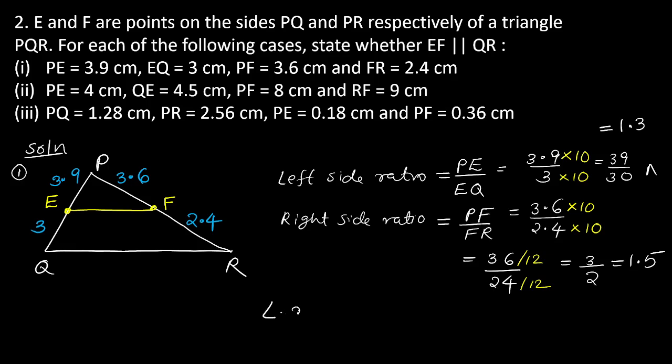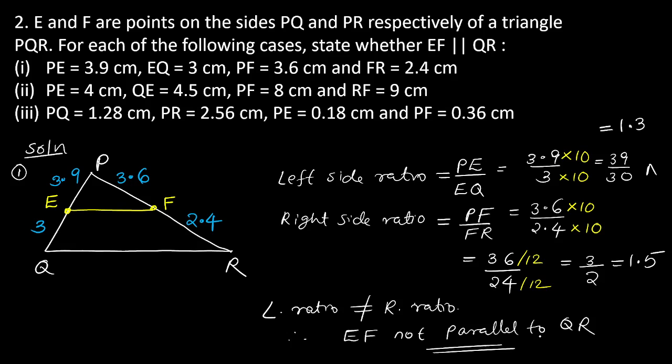Left side ratio is not equal to right side ratio. Hence EF is not parallel to QR. If the left side ratio equals the right side ratio, I can say EF is parallel to QR.